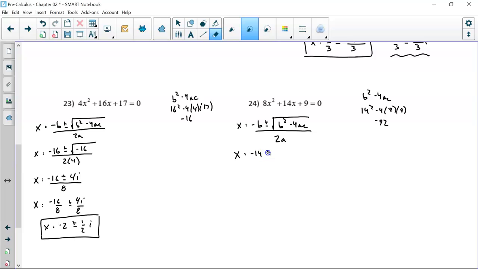Negative 14 plus or minus, I already found it, negative 92 underneath the square root, over 2 times 8. Negative 14 plus or minus something over 16.